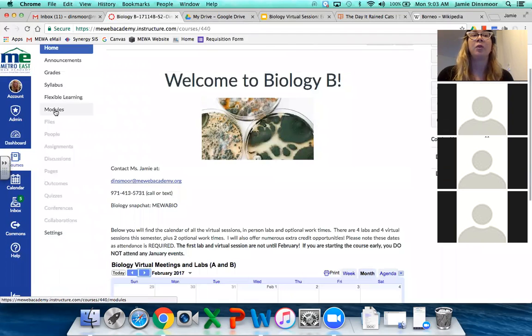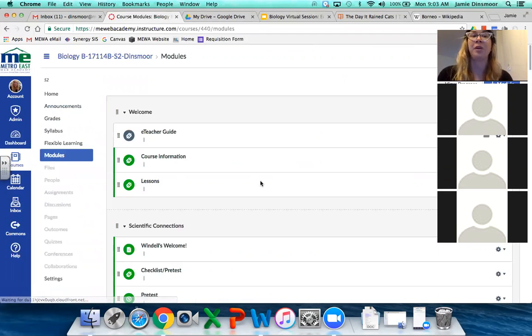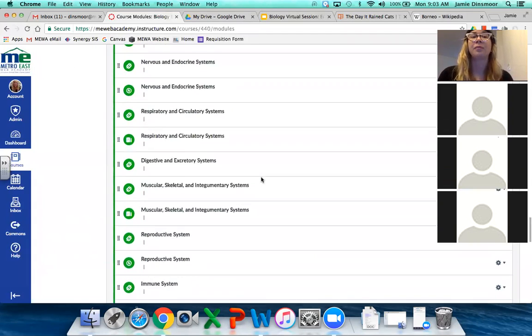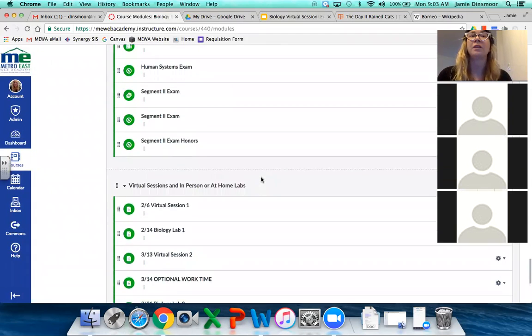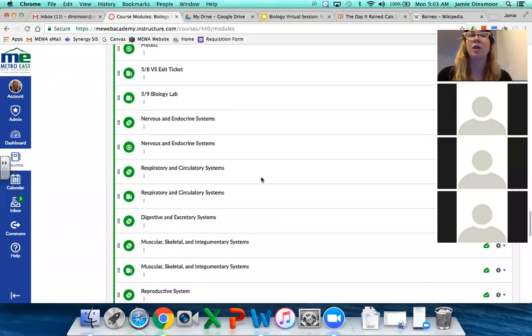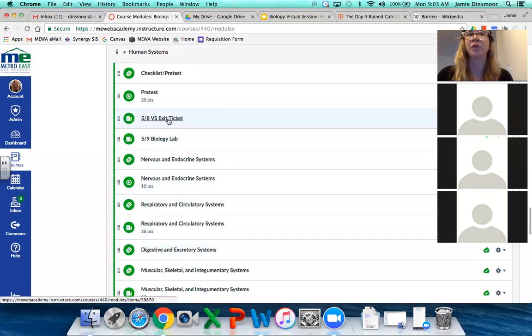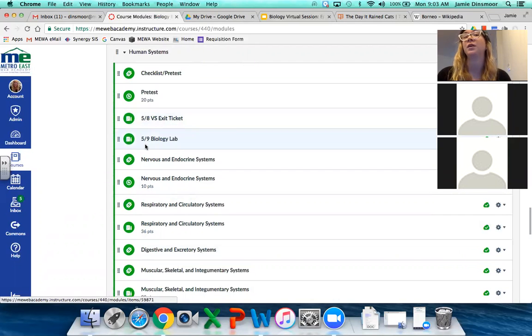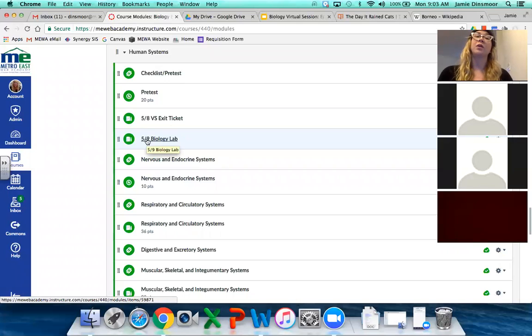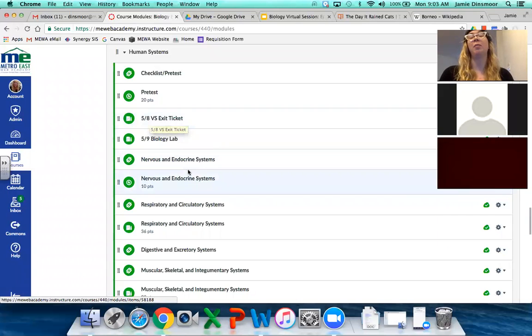And then if you go into modules, once you have access to Biology B, within every single module, there are, this thing loads so slowly, virtual tickets and lab assignments with the due dates listed there. So you can see those coming up and they should show up on your Canvas calendar.